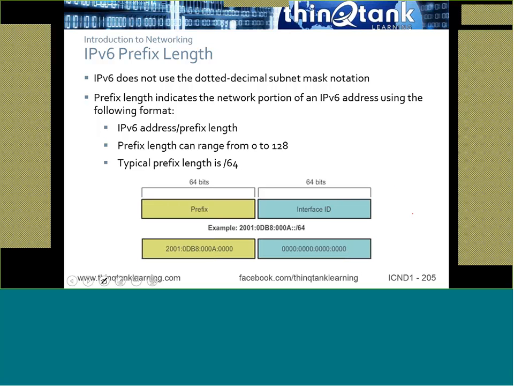You're not used to seeing those numbers because you're used to dealing with 32-bit addresses. But you now know what it represents. A /80 simply means that there are 80 ones in the mask. /64, there are 64 ones in the mask. Does that make sense?